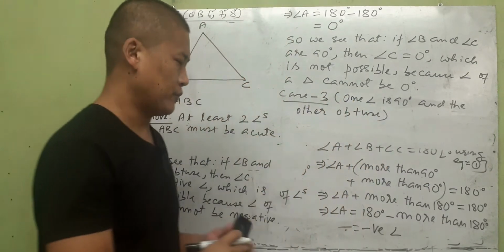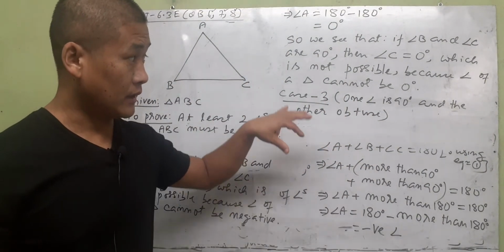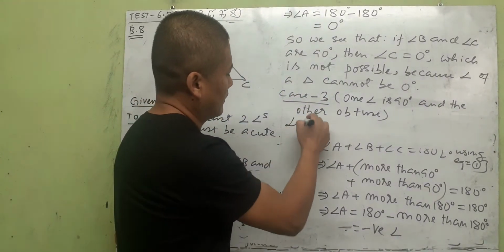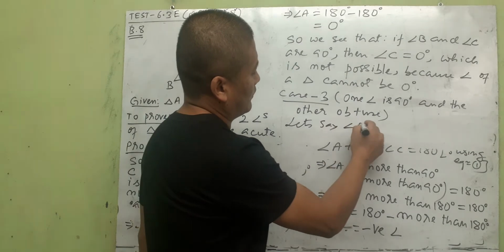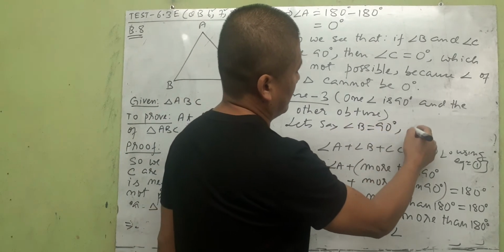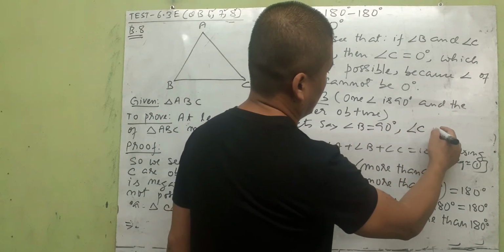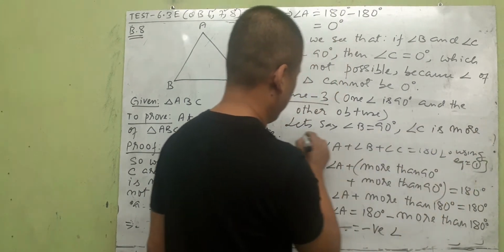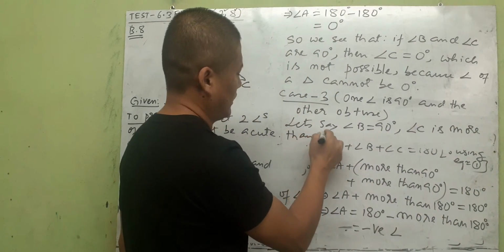So first case both 90, second case both obtuse, third case one 90, the other obtuse, another possibility. So let's say angle B is 90 degree and angle C is obtuse, which means more than 90 degrees.